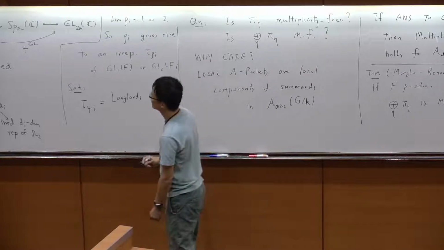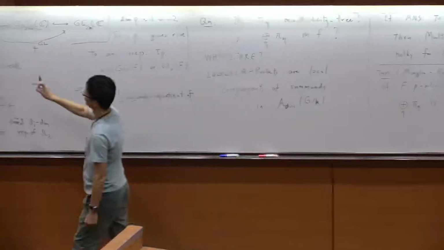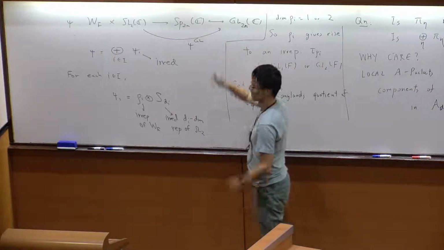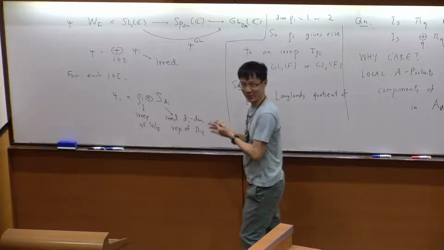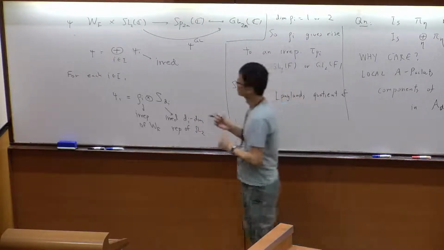Actually, I forgot to say one thing, which is that when I defined the parameter, I said that it maps like that with some conditions, but I didn't spell out those conditions. But I guess maybe it was spelled out in Hiraku's talk.